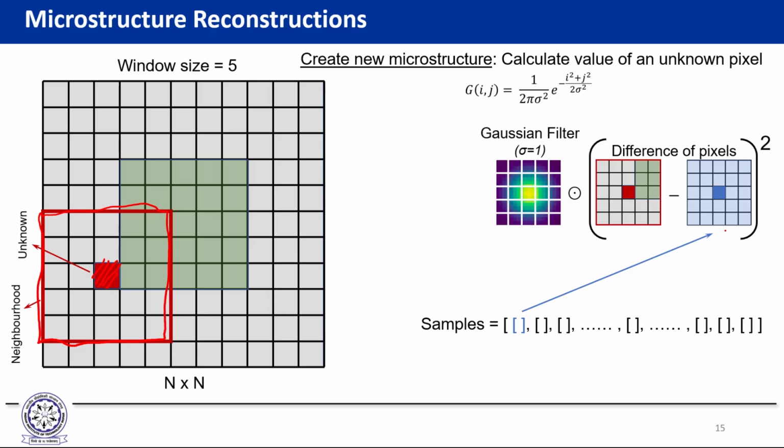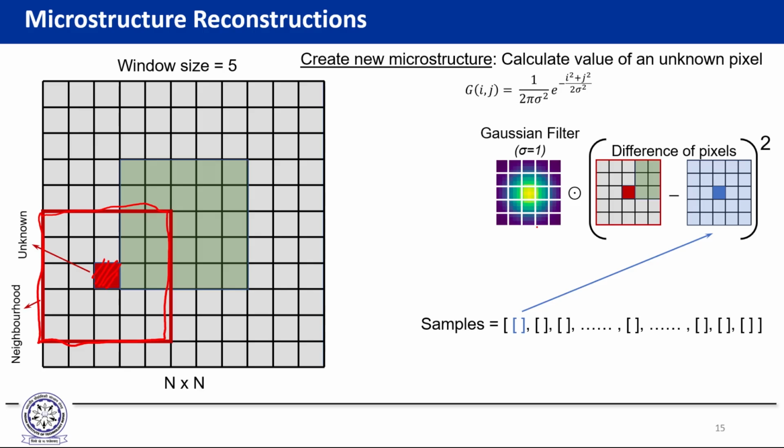Next, we are going to apply a Gaussian filter. So why a Gaussian filter? There is a specific reason why we are choosing a Gaussian filter. When you think of a Gaussian filter, essentially you can think of it as something which is going to separate out the central part of the image from the edges of the image.